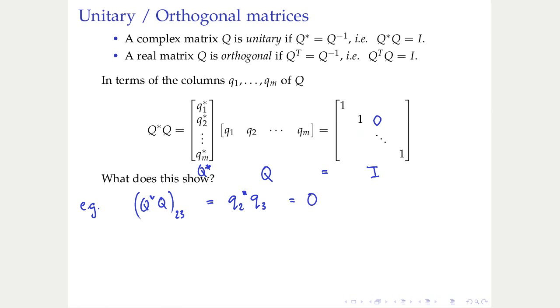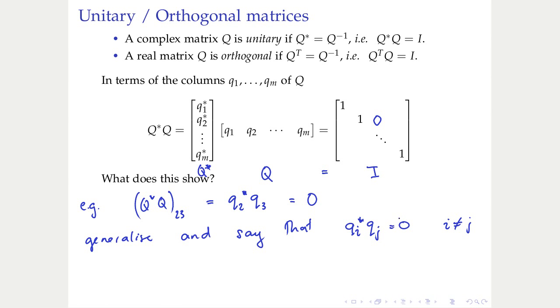So that equals 0. You can see that that's true for any pair of vectors you take, qi and qj, where i and j are different. So we can generalize and say that qi star qj equals 0 for i not equal to j.